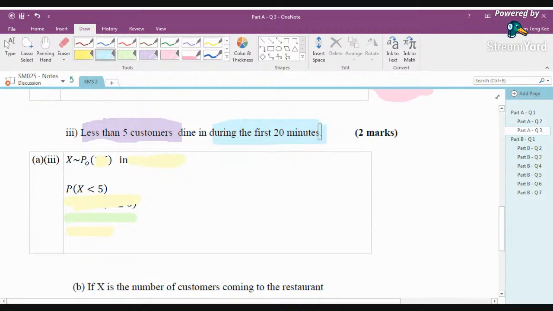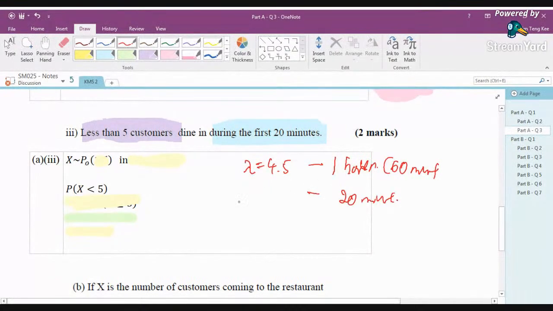Lambda 4.5 happens for the case of 1 hour, which happens to be 60 minutes. And now if I want to refer to 20 minutes, what is the corresponding lambda here?